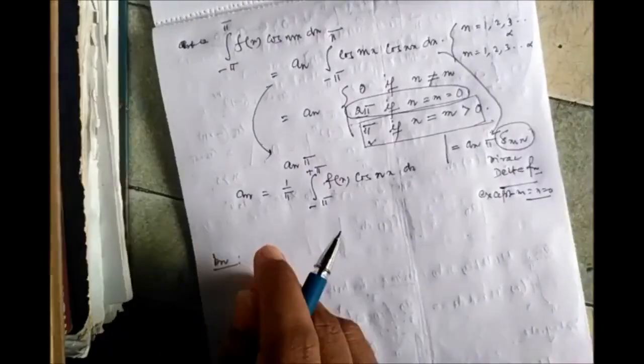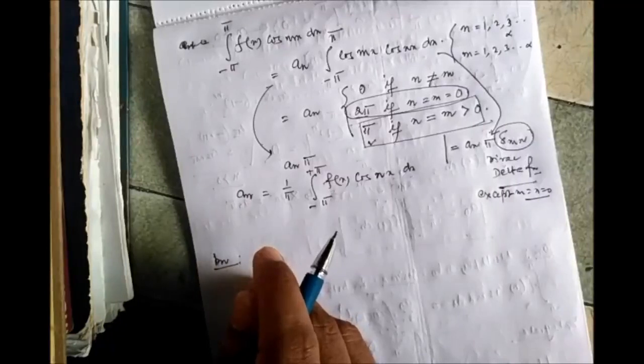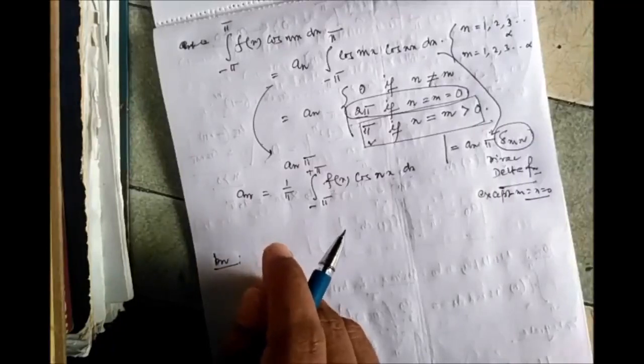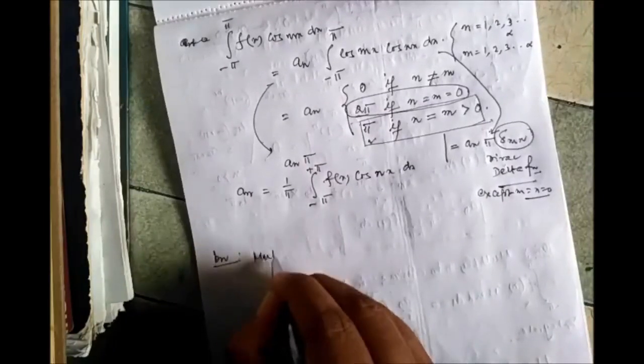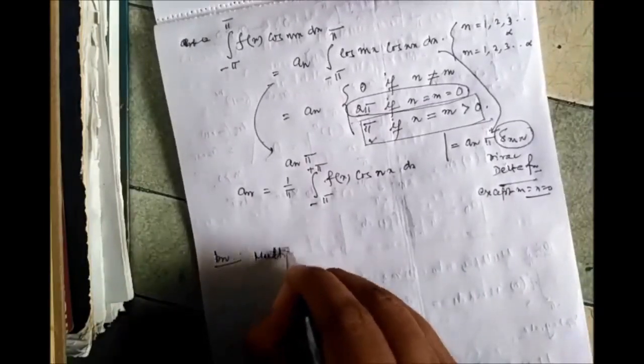Now I have to calculate the form of this Bn. Now multiply both sides by sin mx.